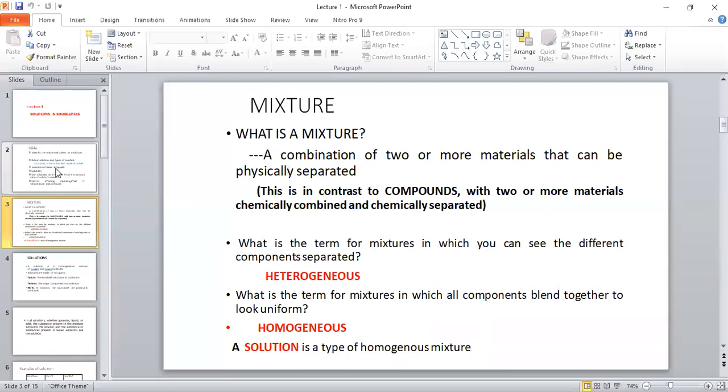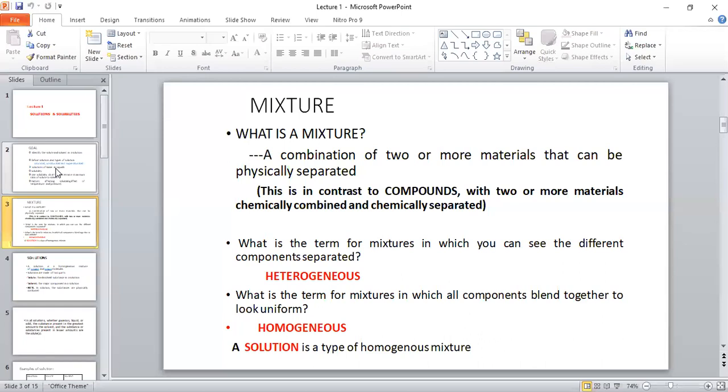A heterogeneous mixture normally consists of more than one phase. I'll talk to you about what a phase is.